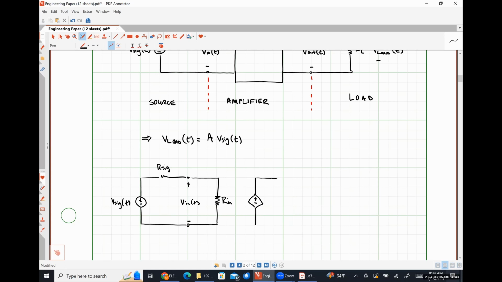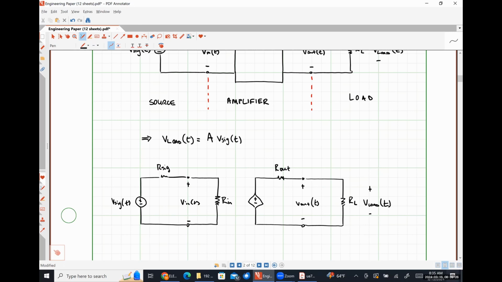And then that dependent source is going to be in series with the output resistance. That's just the resistance seen looking into the output terminals of a dead network. And then once again over here, I can connect my load, like so.